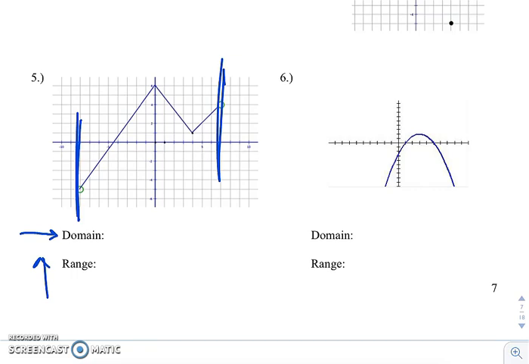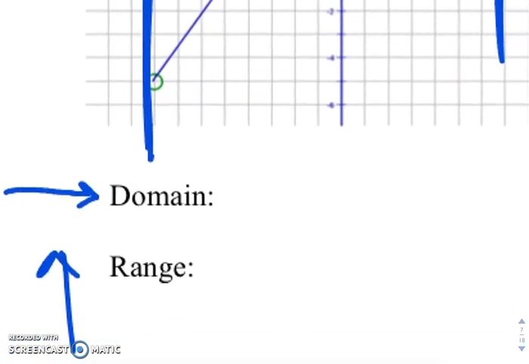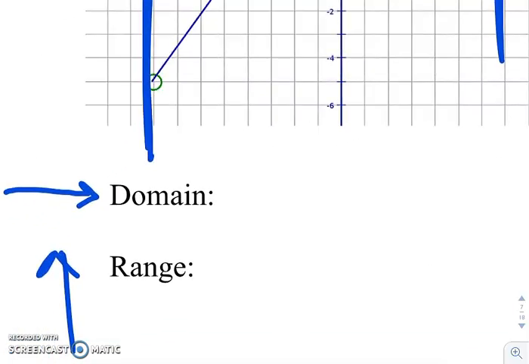From, let's see, from -8 to +7. We just have to figure out, are we using brackets or parentheses?